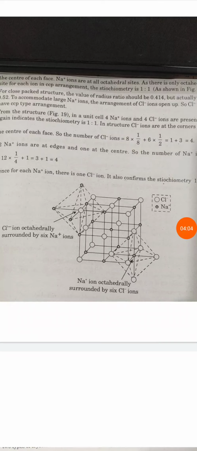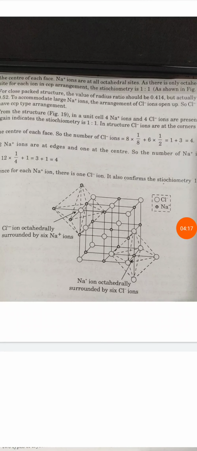Because chloride sharing at the corner is 1/8 and there are a total of 8 corners, we multiply 8 by 1/8, plus 6 on the faces, which are shared by 2, and we get 1 plus 3 equal to 4.